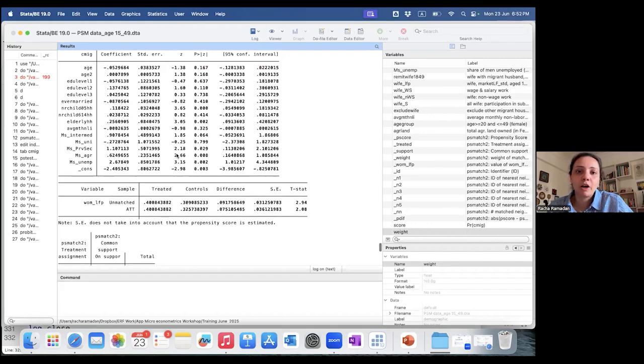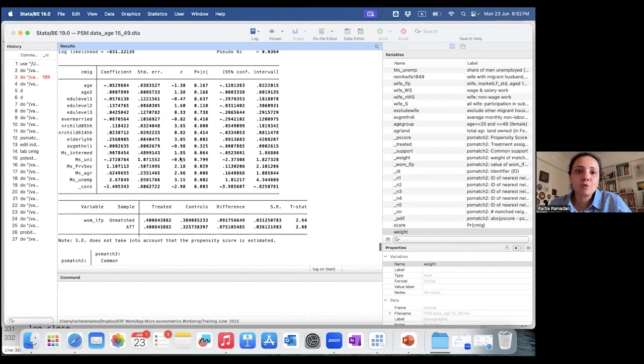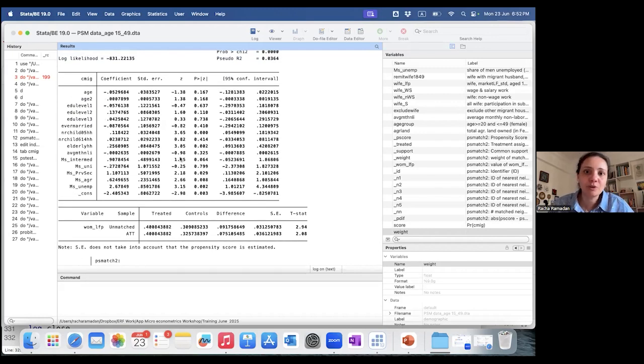However, in your selection of the variables x's from the beginning, you are supposed to choose variables that would affect both your treatment and your outcome variable. But if you use the psmatch command, you will not see the impact of these variables on labor force participation.